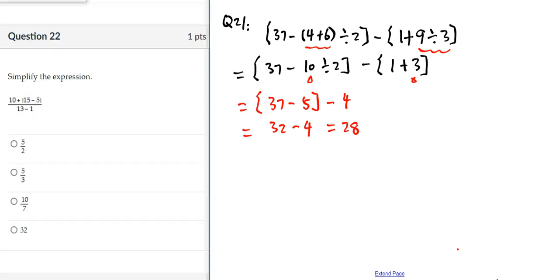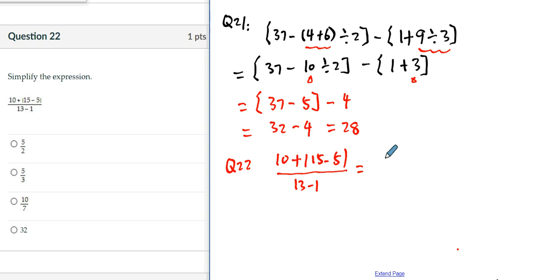Second one. So let's put 22 here. 22, we have a 10 on numerator plus absolute value of 15 minus 5, divided by 13 minus 1.